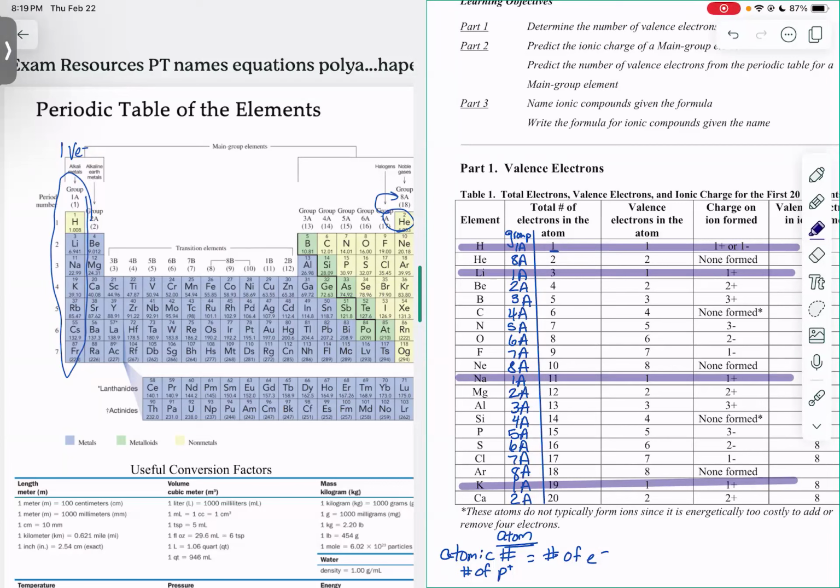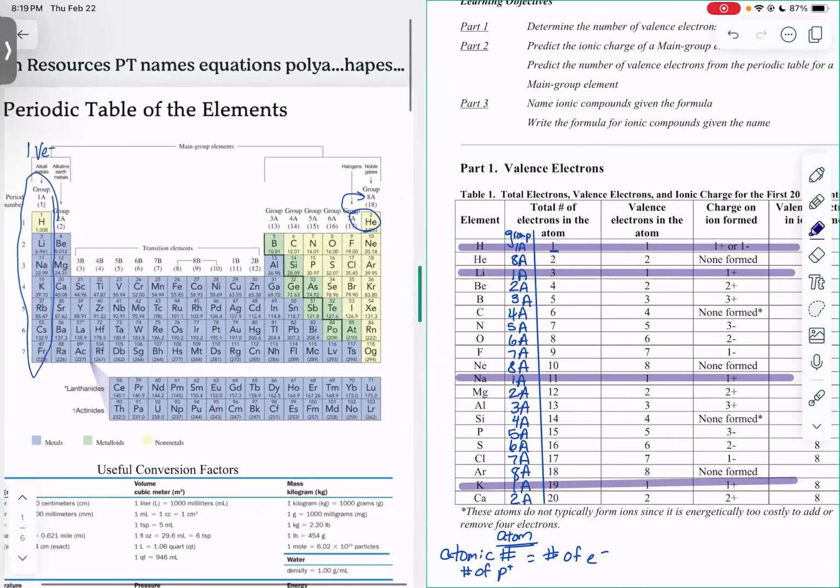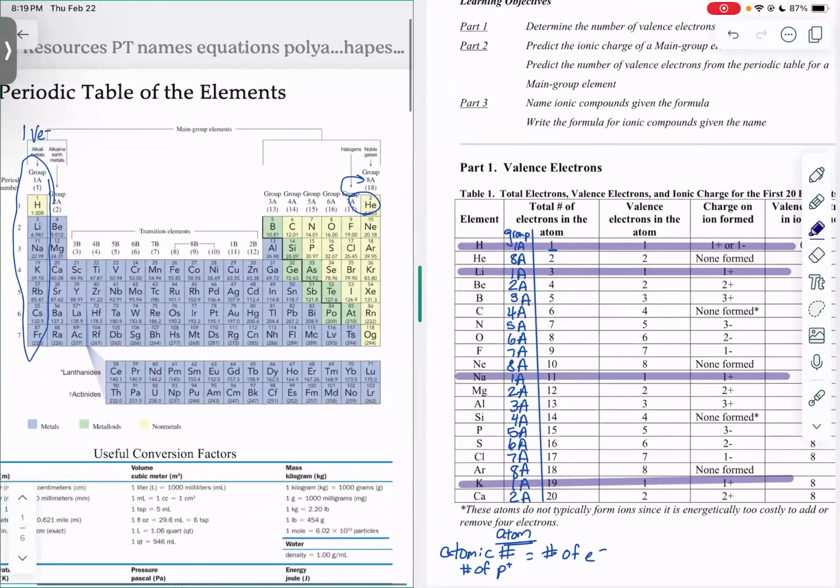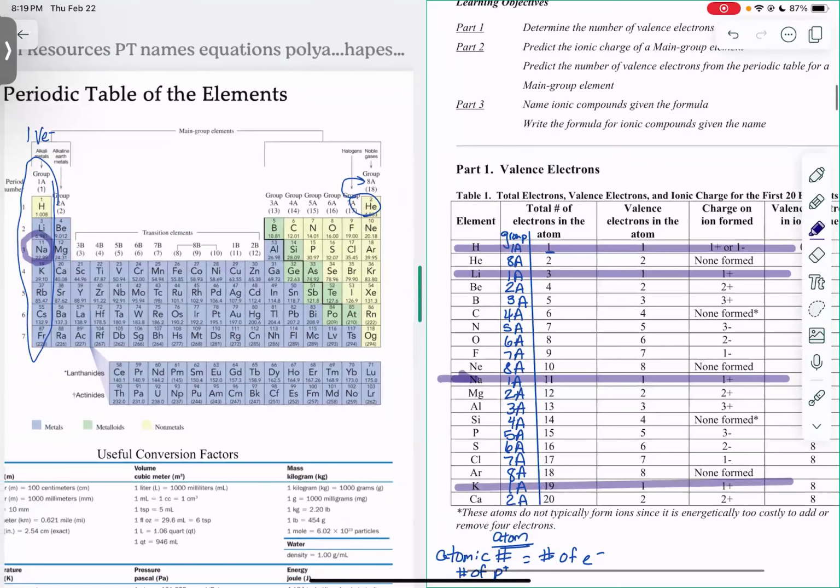The question is, if you have an atom that has 1 valence electron, what does it want to do? It wants to look like one of the noble gases. Let's pick, for example, sodium right here. What is sodium going to do? It has 1 valence electron. It can do one of 2 things. It wants to get to 8.